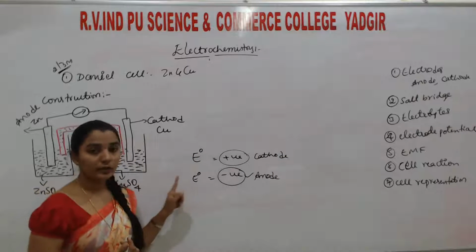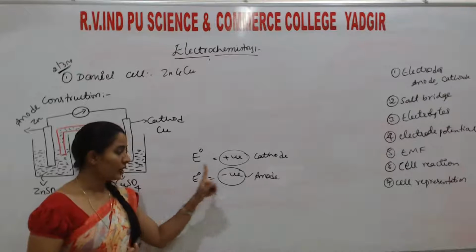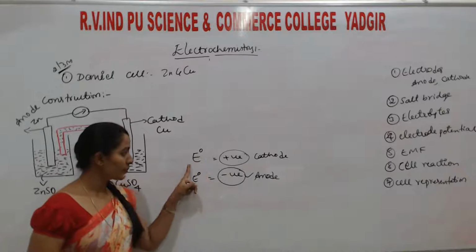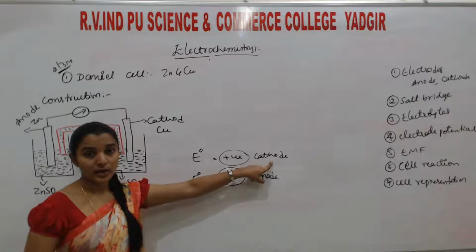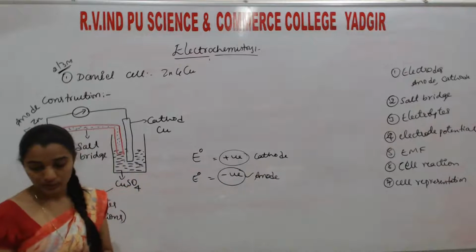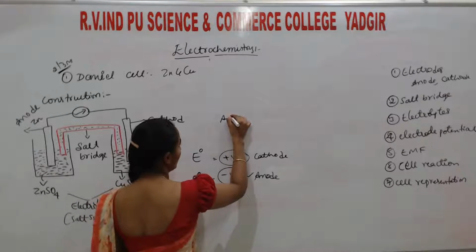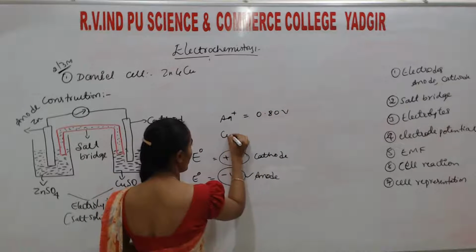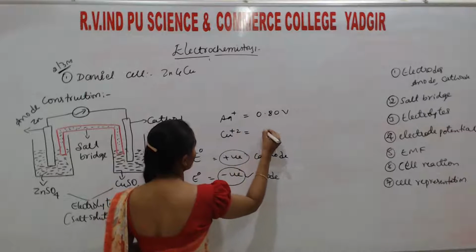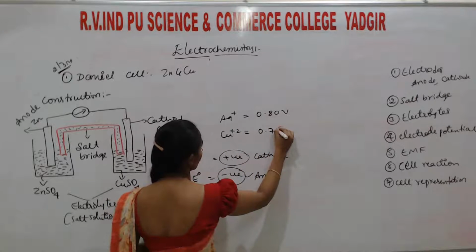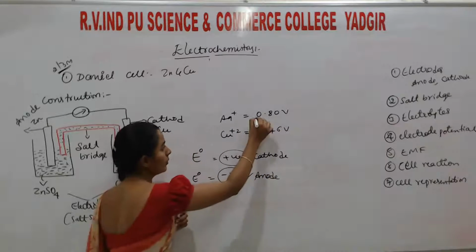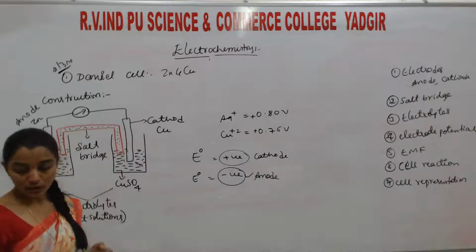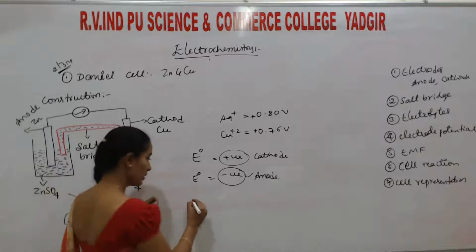Repeating, standard electrode potential E naught value: if it is negative, then it is considered as an anode. If it is positive, then it is considered as cathode. So I will take two examples. For example, Ag plus, its E naught value is 0.80. Copper plus 2, its value is 0.34 volt. Both are plus. I will take another set.